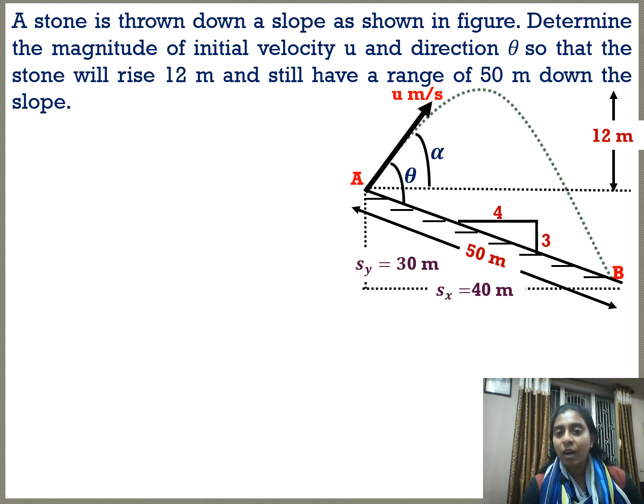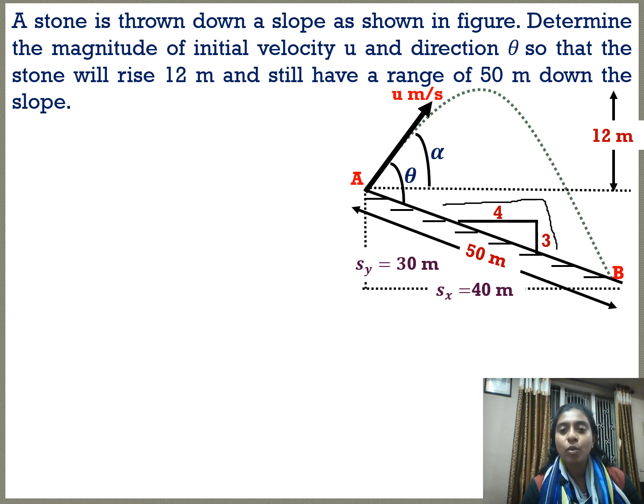So here on the inclined surface, this is given as 4 and 3. That is the horizontal component is 4, that is the inclined plane is in the ratio of 4:3. 4 horizontal and 3 vertical. Therefore, the incline will be 5. It will be 3:4:5. We take it as a right angled triangle.